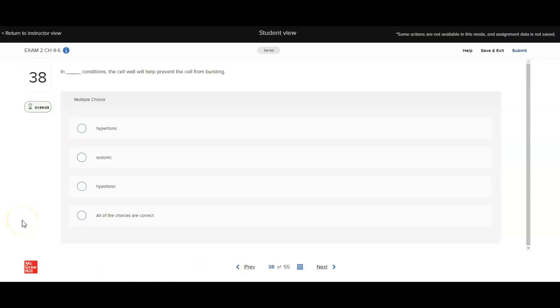This is one of the questions about osmosis, and I really like it, because these types of questions really test your conceptual understanding of this, not necessarily a definition. In this case, under what conditions would the cell wall prevent a cell from bursting? Why would it want to burst?